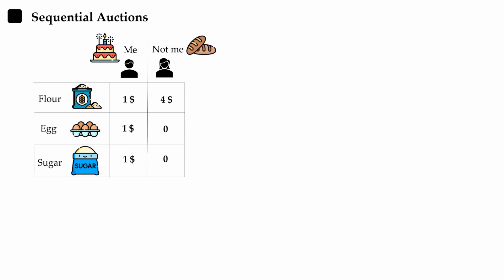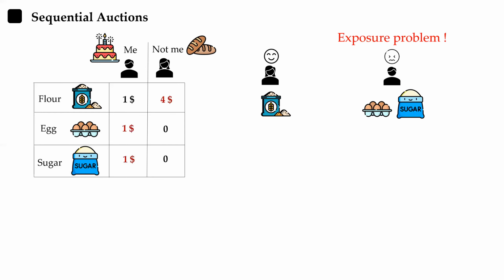Then I confidently submitted my bids for each ingredient. I just valued $1 for each ingredient. And the other person did the same, but she wanted only the flour, as she wants, I think, to make bread. And then the auctioneer determined the winners, and the auctioneer gives each item to the bidder who paid more.